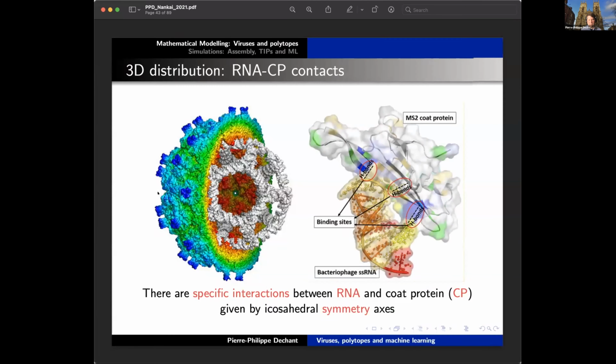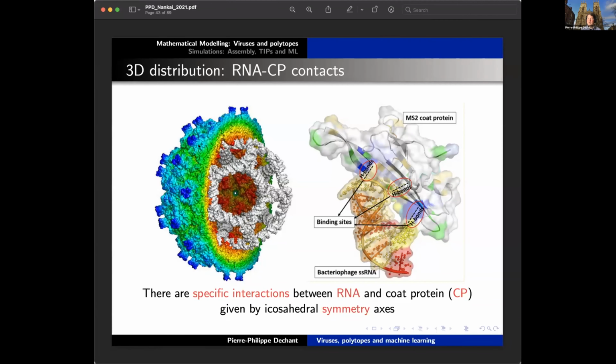And what's really happening is that this RNA inside forms these secondary structures called stem loops that we saw earlier, and they can bind to capsid protein at the inner capsid surface. And that happens in some symmetry equivalent positions. So you get some imprint of the symmetry on the capsid surface that extends sort of into the particle interior.